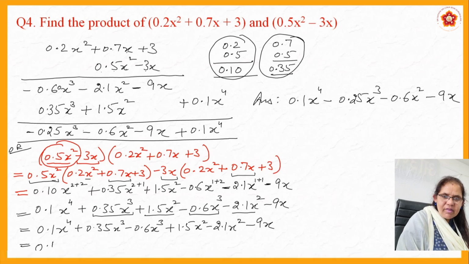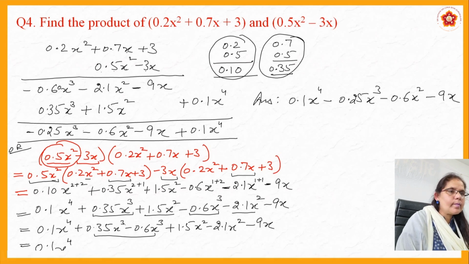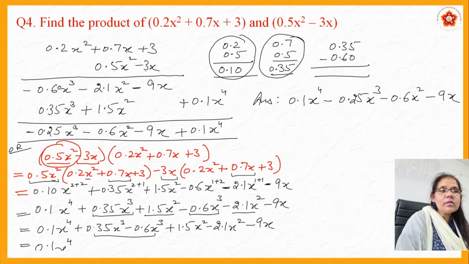Let's further simplify it. The x raised to the power 4 term gets copied. This one, how do you solve? 0.35 minus 0.6. You can do it separately. 0.35 is above and minus 0.6 is written here.